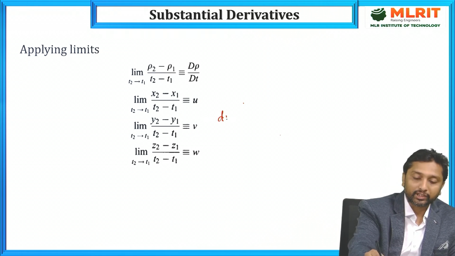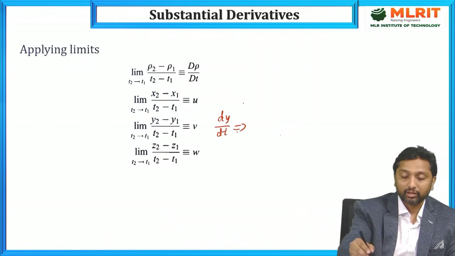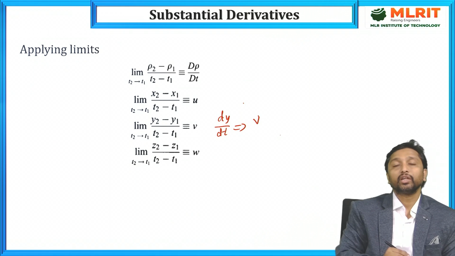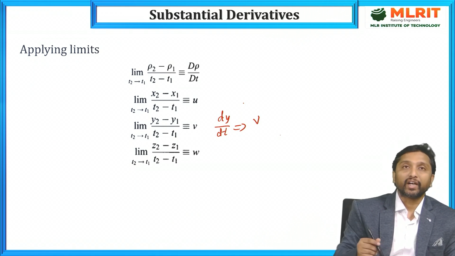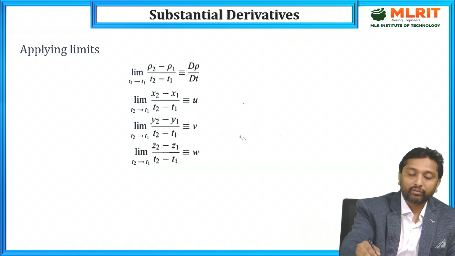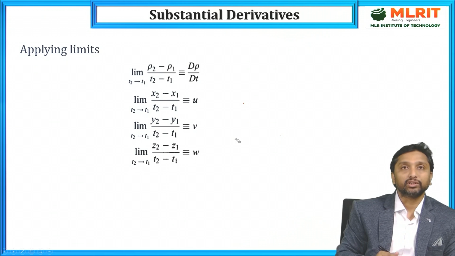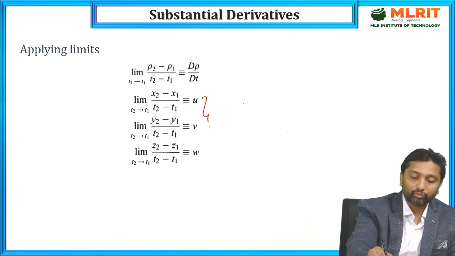So we can write it as dy by dt, which is equal to the velocity component in y direction. Similarly, we do it for the z direction, which is given by w. So u, v and w are velocity components.